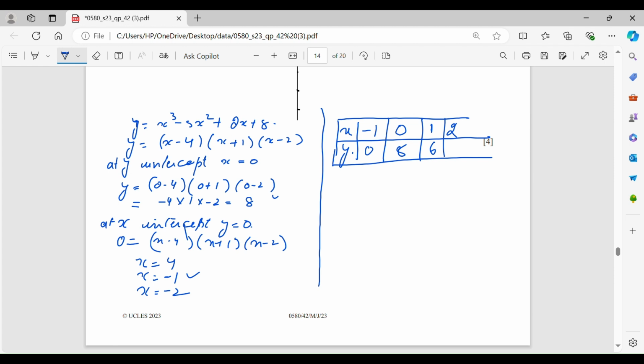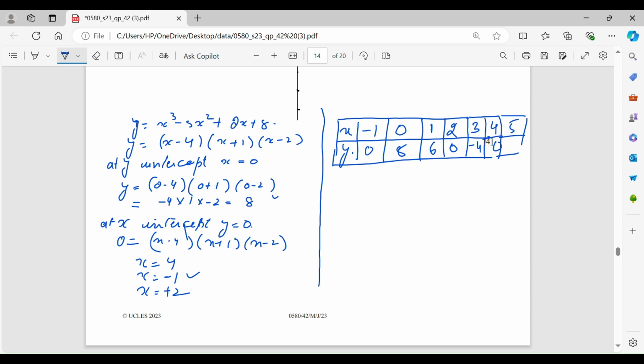This is not minus 2, this is plus 2. X is 2, y will be 0, right? And when x is 3, y will be minus 4. And when x is 4, y will be 0, right? I will take one more point.